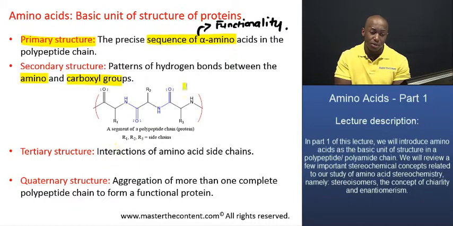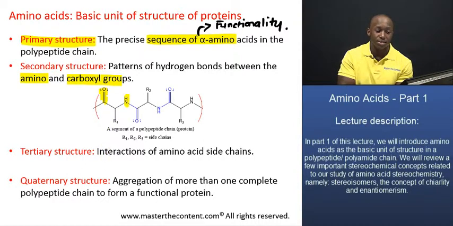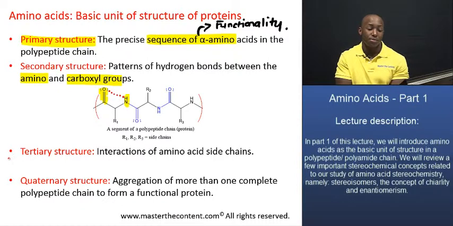In a polypeptide chain, you are going to notice that we have these carbonyl groups in the backbone of the amino acid chain, and we also have these amino groups, nitrogen bonded to hydrogen. A hydrogen bond can form between this hydrogen atom and that oxygen, and that can happen at various different parts within that polypeptide chain.